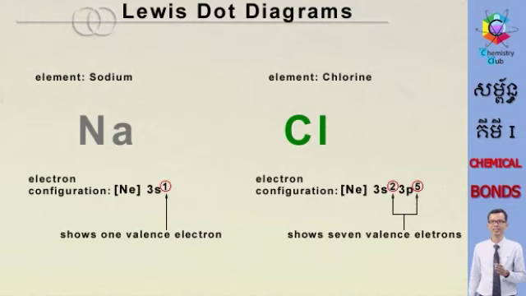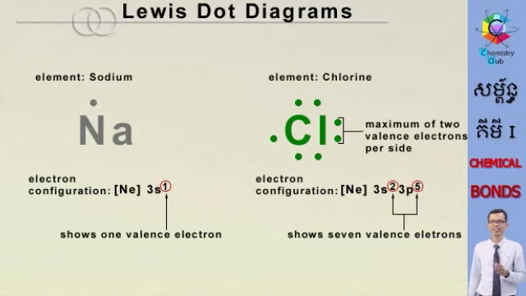The Lewis dot diagram for sodium is drawn with one dot, which represents its single valence electron, next to the sodium symbol, Na. The diagram for chlorine is drawn with 7 dots, representing valence electrons around the chlorine symbol, Cl. Each dot is placed sequentially around each side of the symbol. The maximum number of electrons allowed per side is 2.